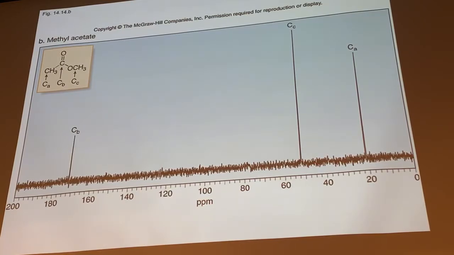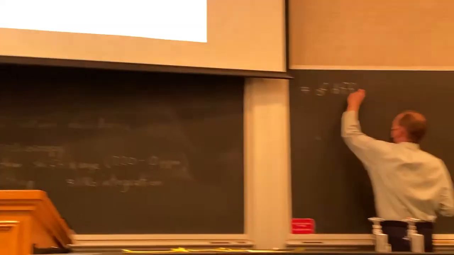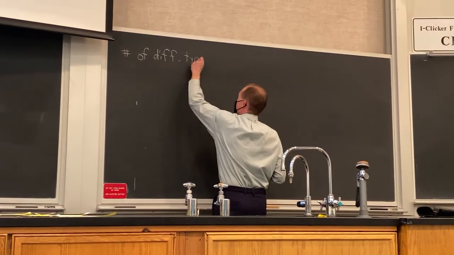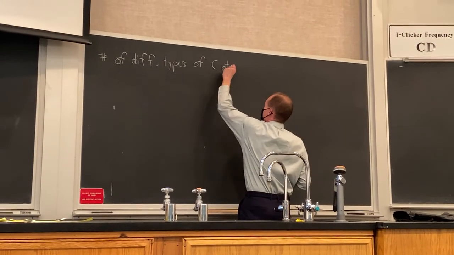But in my opinion, what is most useful about C13 NMR is that it very rapidly tells us the number of different types of carbon atoms that are present in our molecule.